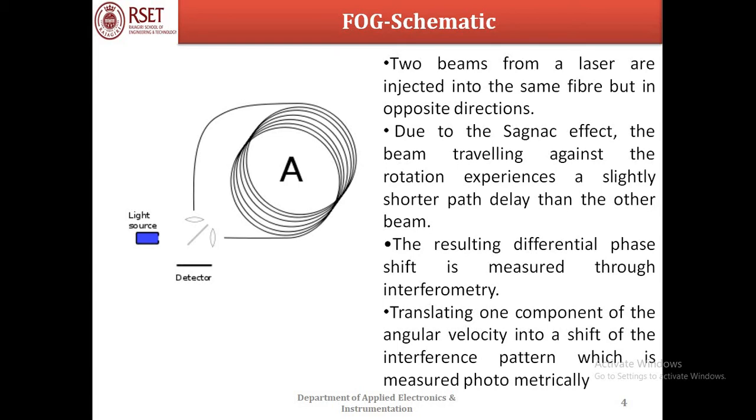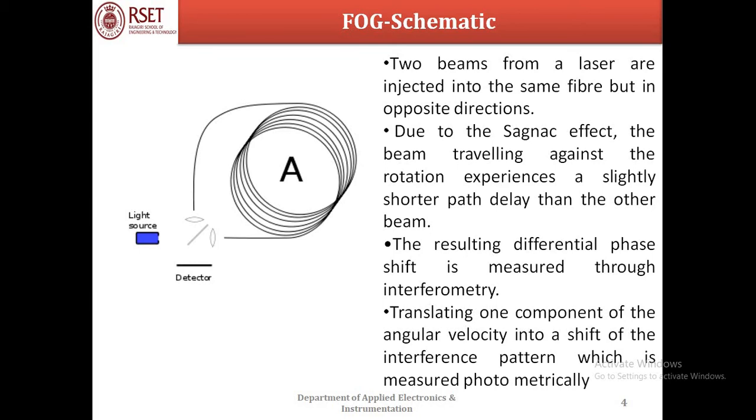Beam splitting optics launches light from a laser diode into two waves propagating in the clockwise and the anticlockwise direction through a coil consisting of many turns of optical fiber. The strength of the Sagnac effect depends on the effective area of the closed optical path, the geometrical area of the loop, but is enhanced by the number of turns in the coil.